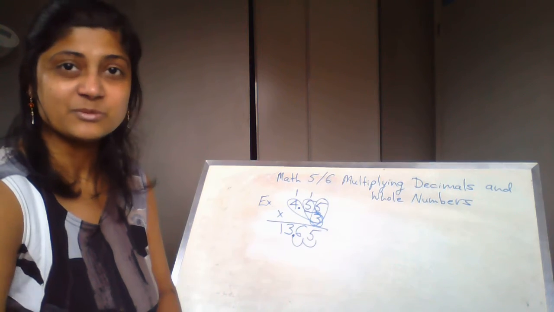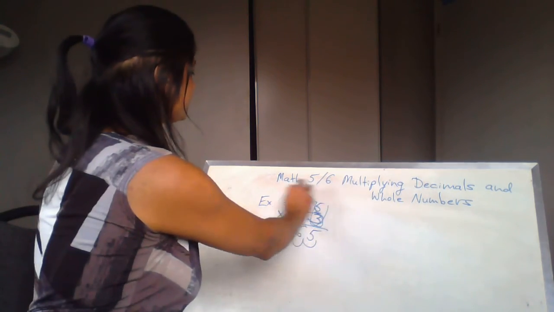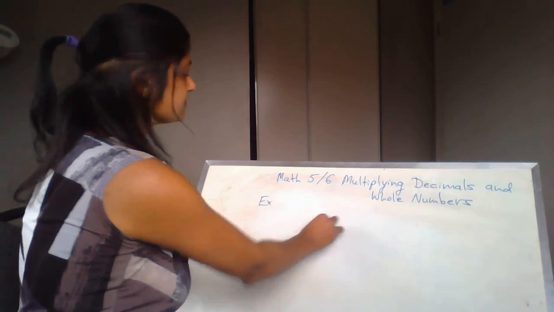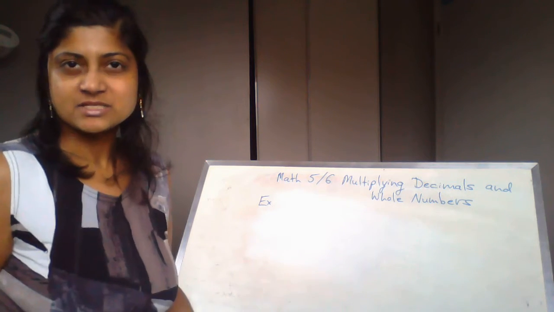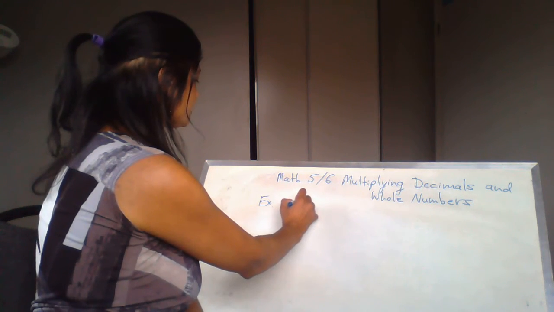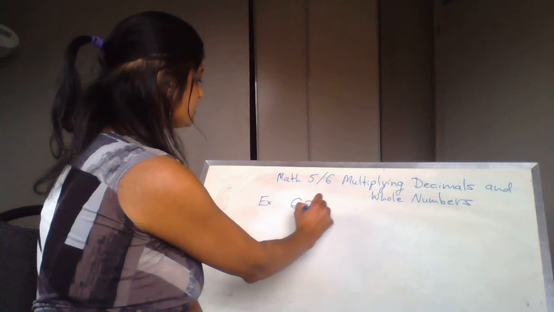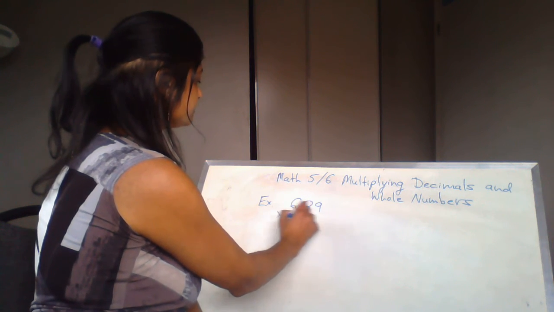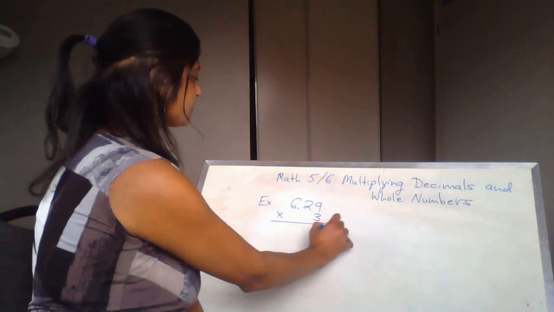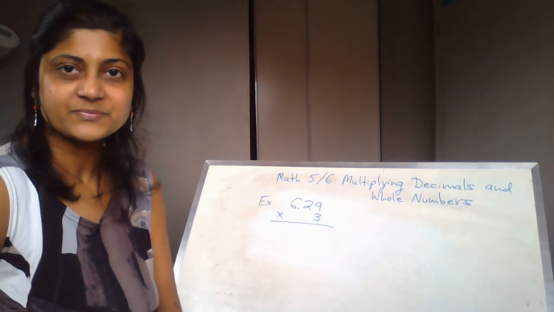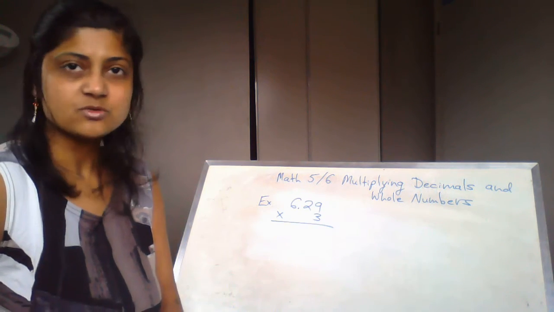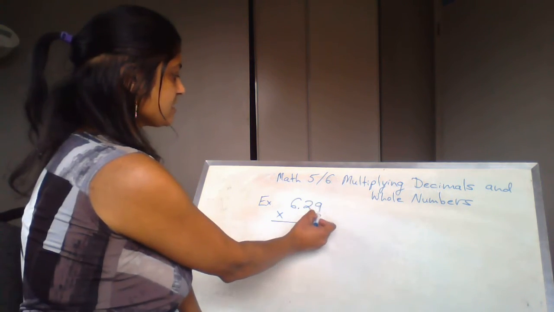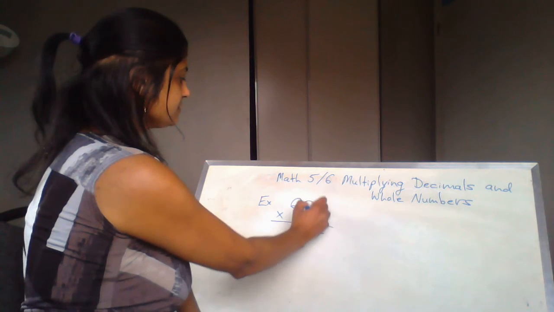All right, let's try one more example here. I'm going to take this off. Okay, and let's try some small numbers. So let's do 6.29 times 3. Again, I'm just going to multiply, so we're going to do 9 times 3, so 27.